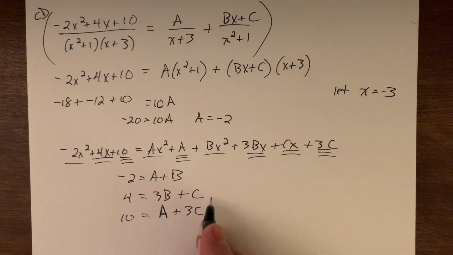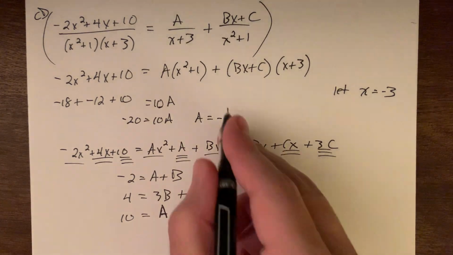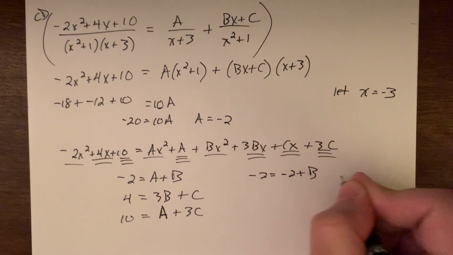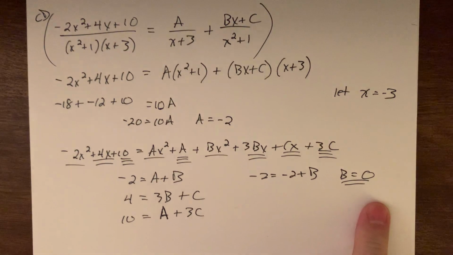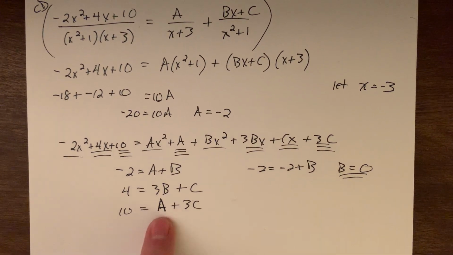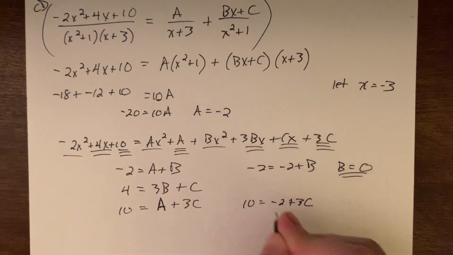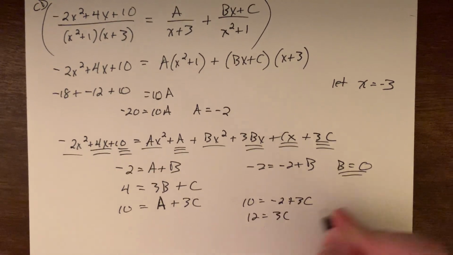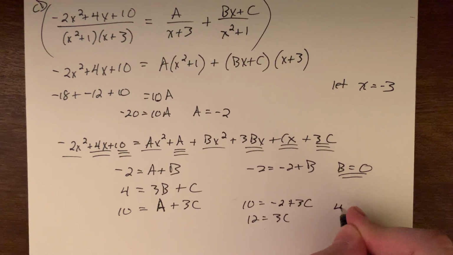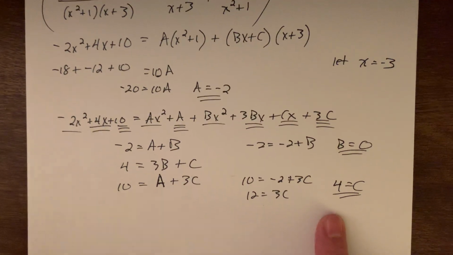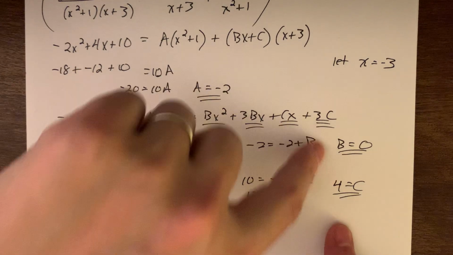Technically, I don't even need this middle line anymore, because if I plug -2 in for a here, add the 2, you get b is 0. Plug -2 in for a here, add the 2, 12 is 3c, and 4 equals c.